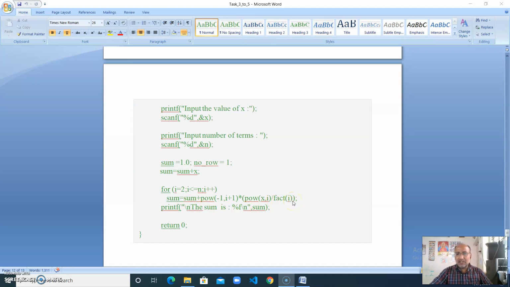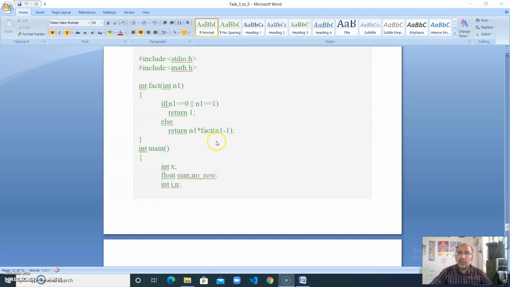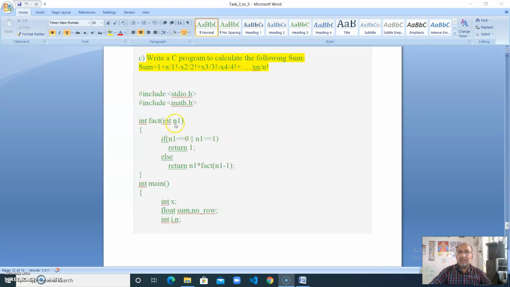Now here, when you observe fact i, what exactly is fact i? This is not a system defined function. This is the user defined function. For this I wrote the function int fact int n. If n1 equals 0 or n1 double equals 1, that means 0 factorial equals 1, return 1, else return n1 into fact n1 minus 1. Understood?